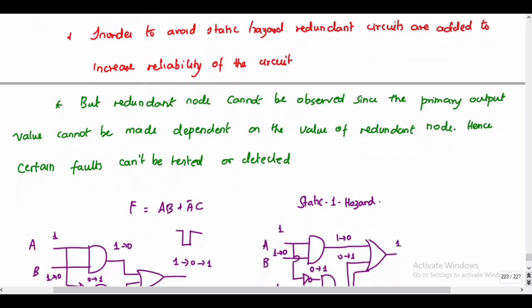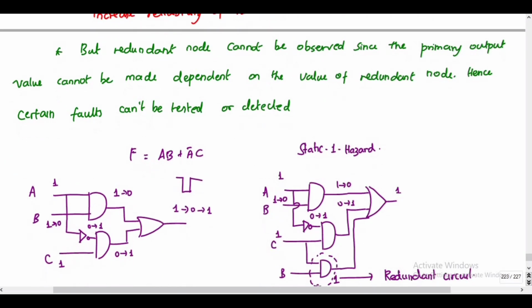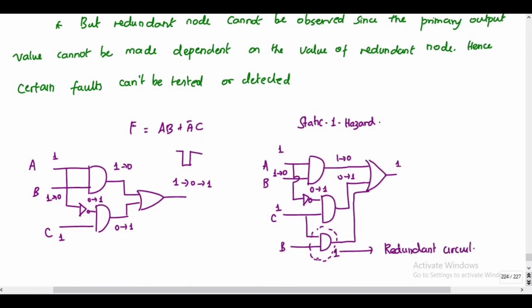Suppose f is equal to ab plus a bar c. This is my logic. I give 1 to a and 1 to c, and if the b value suddenly changes from 1 to 0, you can see there is a 1-0-1 at the output. Instead of holding 1, I get 1-0-1.